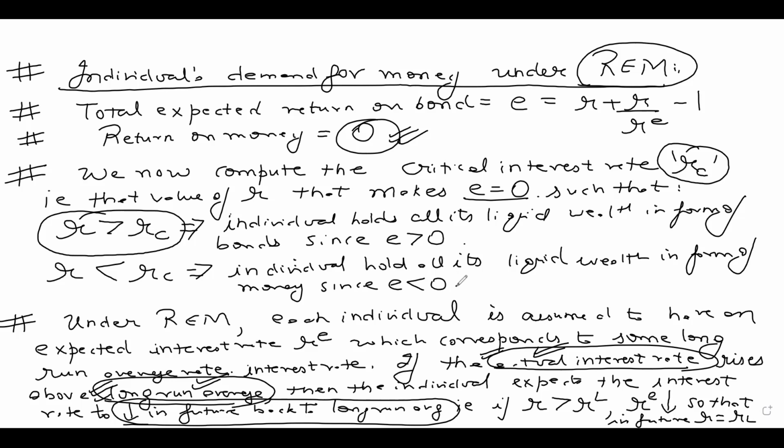When R was equal to RC, E was equal to 0. When R is below the critical level, that means returns from holding bonds is less than the returns from holding money. That means E is less than 0. So the individual is going to hold all its wealth in the form of money.